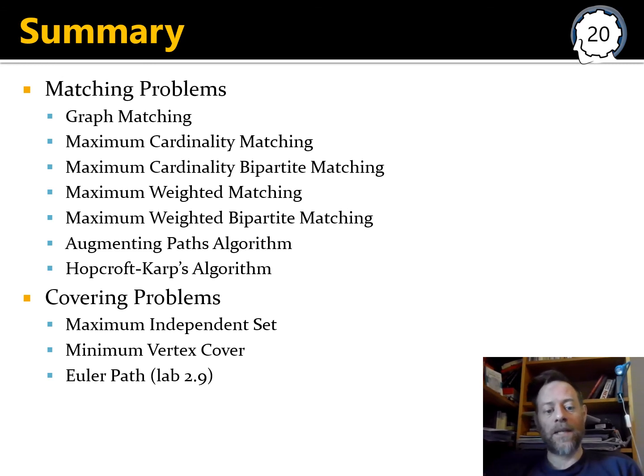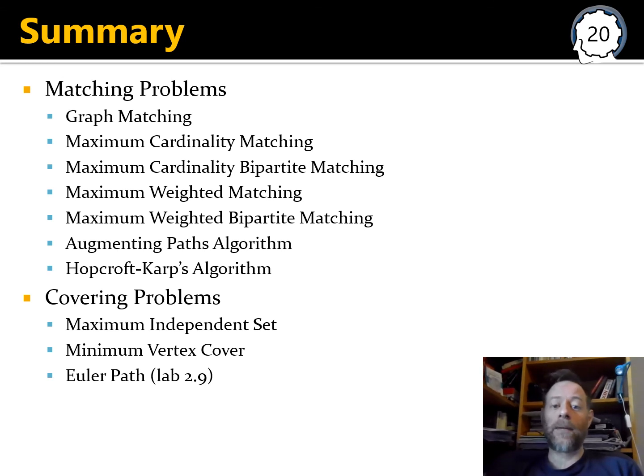In some sense, the minimum vertex cover is the complement of this. Here we want to include the minimum number of vertices such that every edge has at least one of its two vertices included in that set. And these are then the complement.